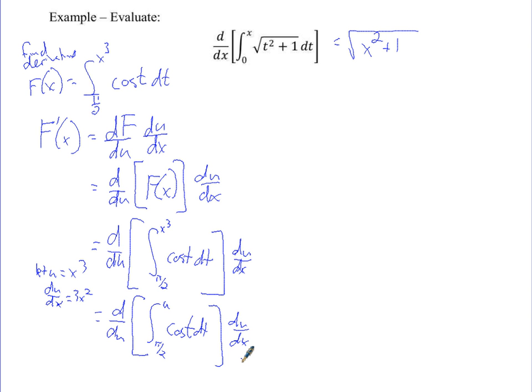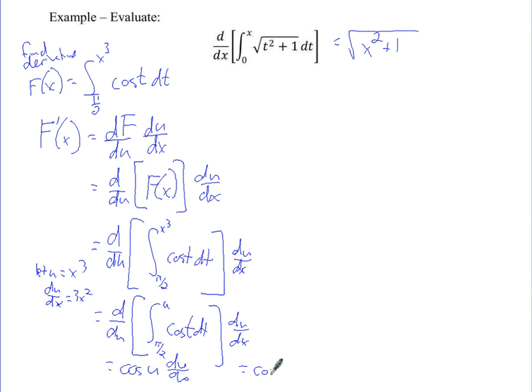So now I know what this is sitting right here. Now all I got to do is worry about this. Exactly. Because I'm integrating from something to u of cosine t dt, and then taking the derivative back, I wind up with cosine u times du over dx. And now I know all of that stuff.